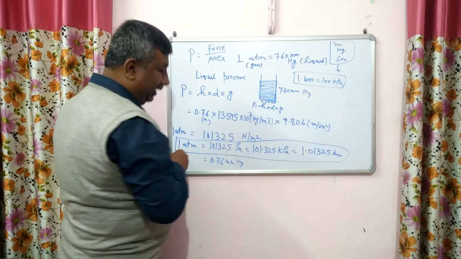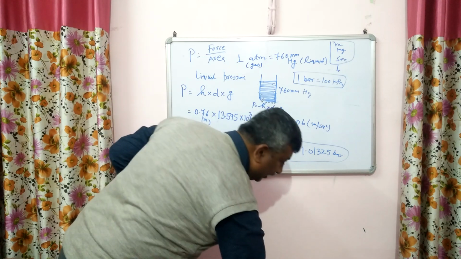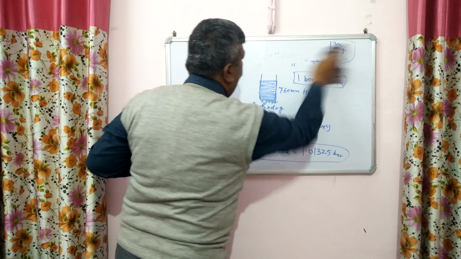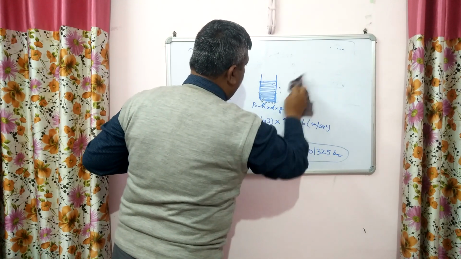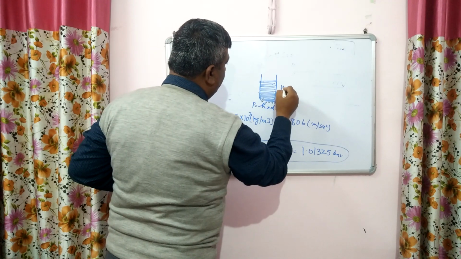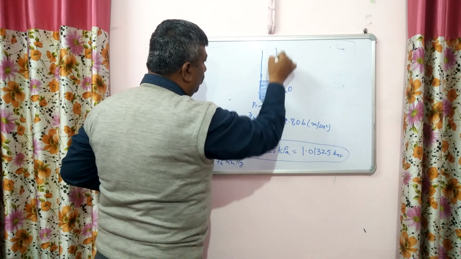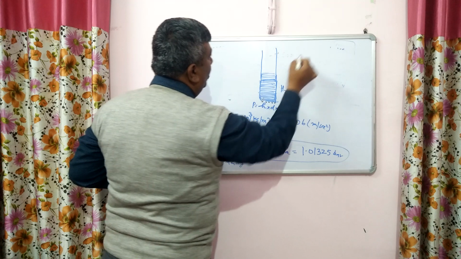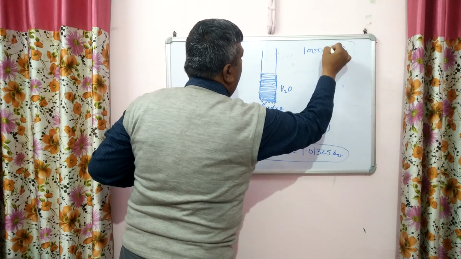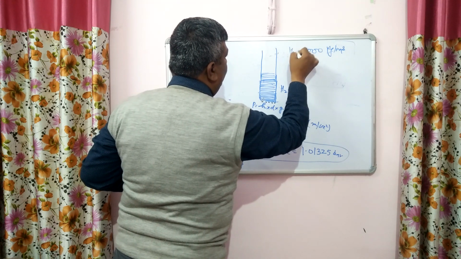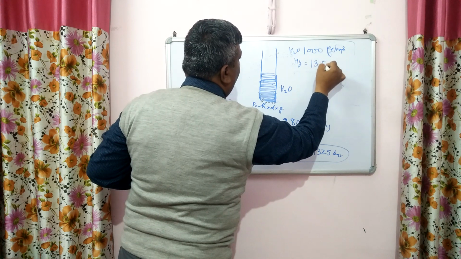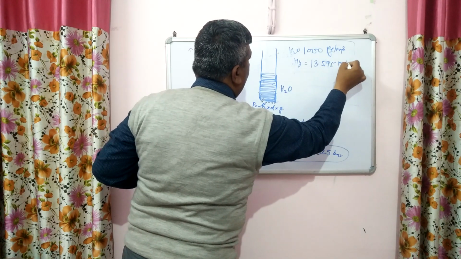Okay, suppose mercury is not used and water is used, suppose we are using water here, not mercury, then the height will be more because the density of water is 1000 kilogram per cubic meter and the density of mercury is about 13,595 kilogram per cubic meter.